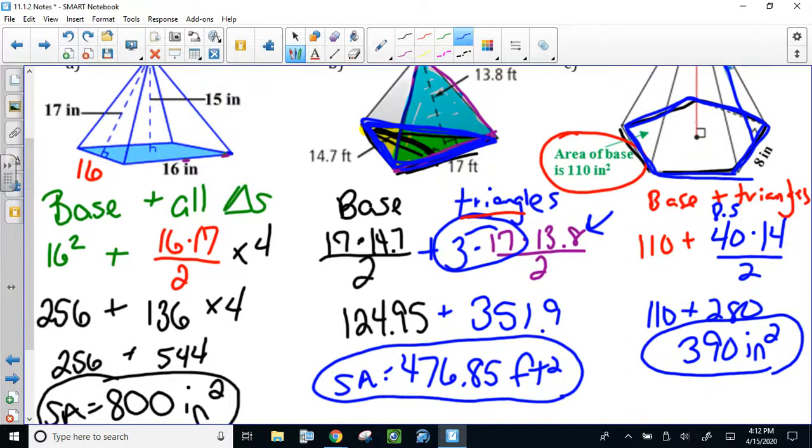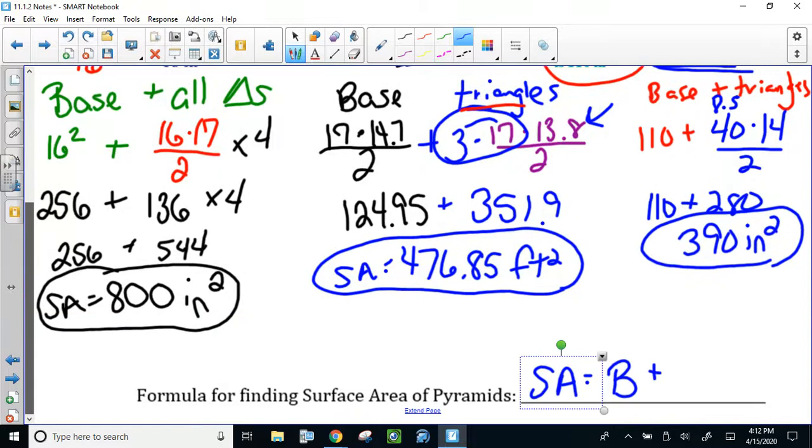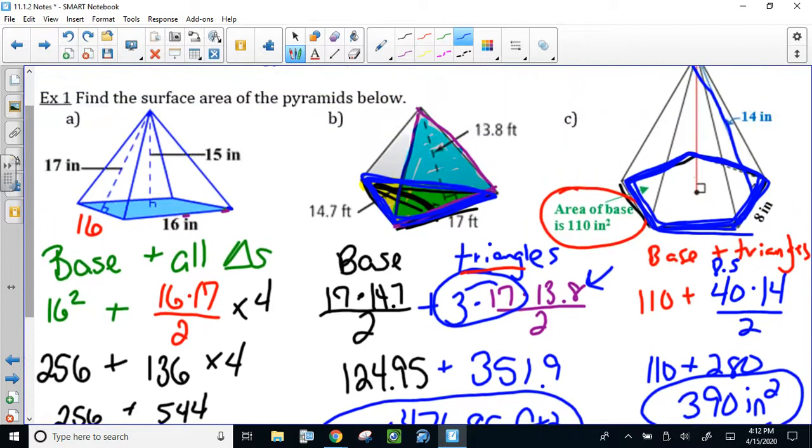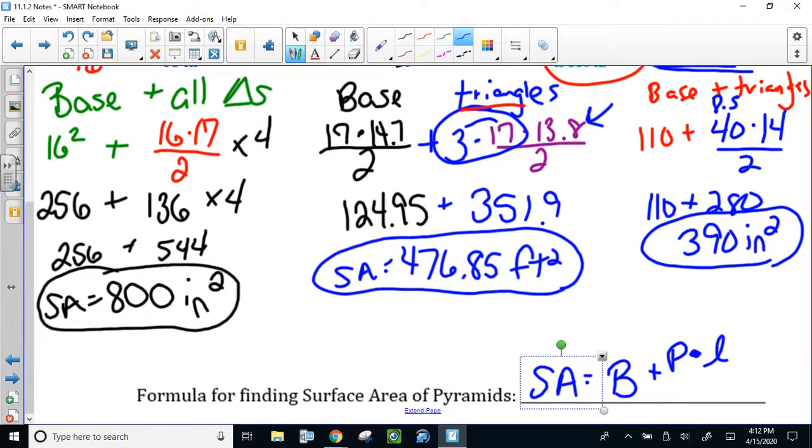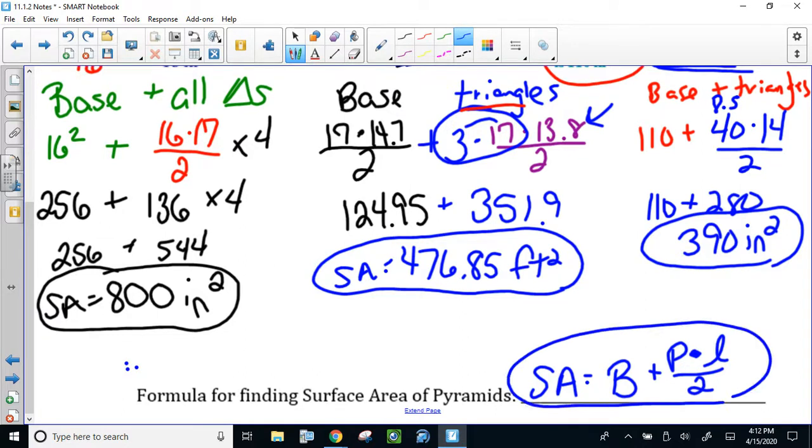The way we can do this quickly, since we're looking at regular pyramids, is that all of the triangles have the same base edge, so we can use that perimeter times, and we don't want to say the height because it's not the height of the pyramid, it's the slant height. We call that L, divided by 2. That's our formula for the surface area of a pyramid.